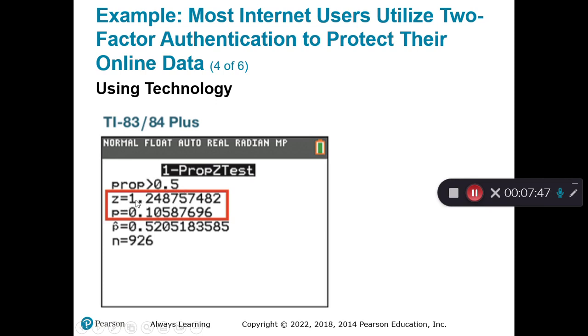The z-score that corresponds to our sample result, to whatever we saw in those 926 consumers, is what this p-hat gets converted to. So p-hat is going to be our sample proportion.